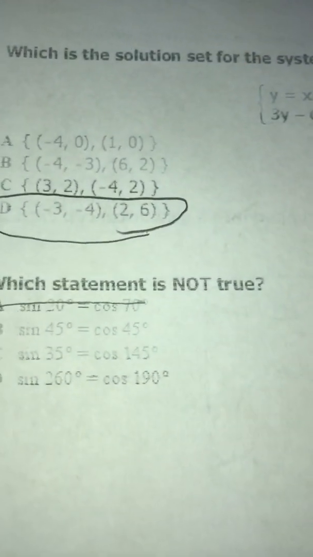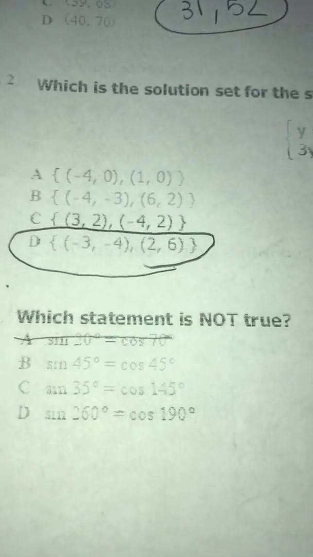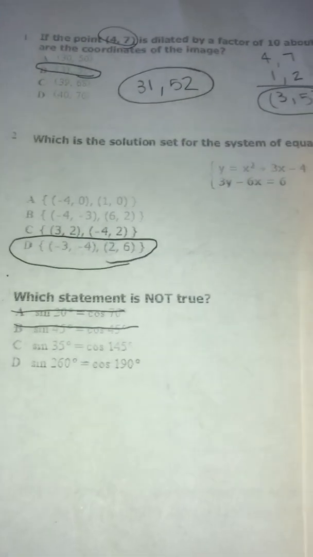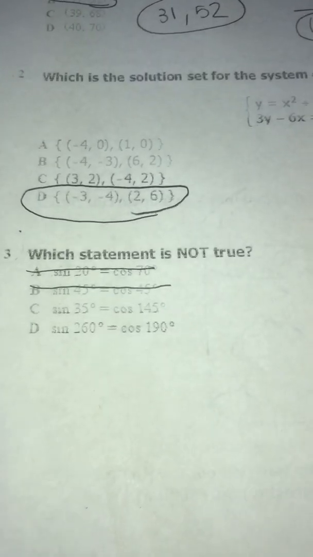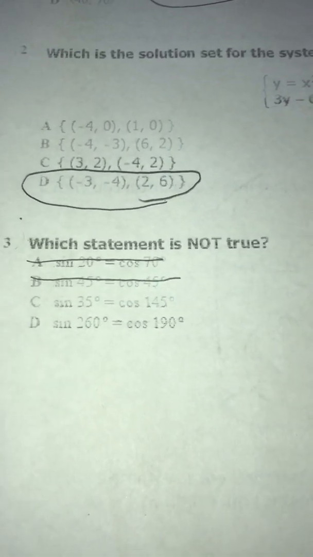Okay, so B is sine of 45 and cosine of 45. We see that those are equal, so we know that that is not an option because we're looking for the statement that is not true. Okay, so the next one is sine of 35 and cosine of 145.